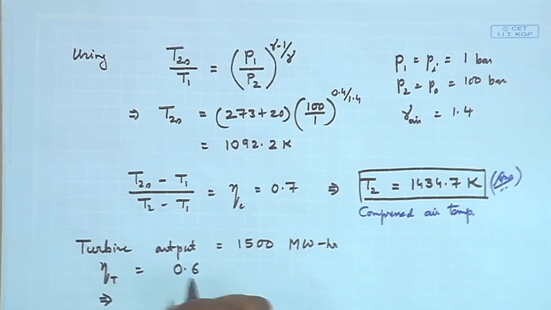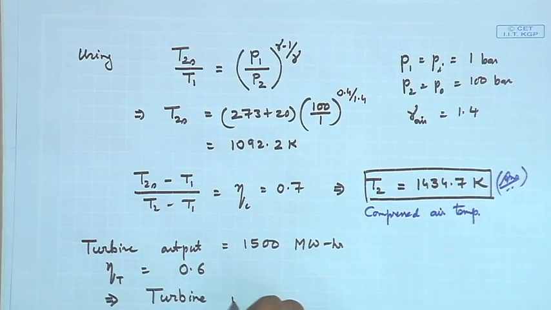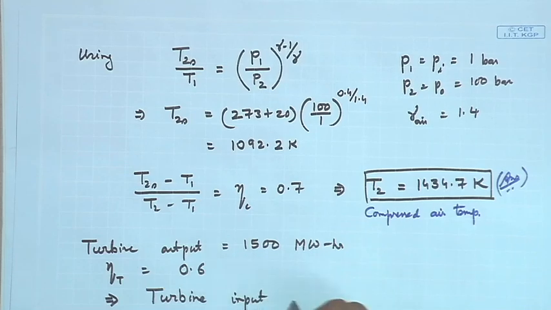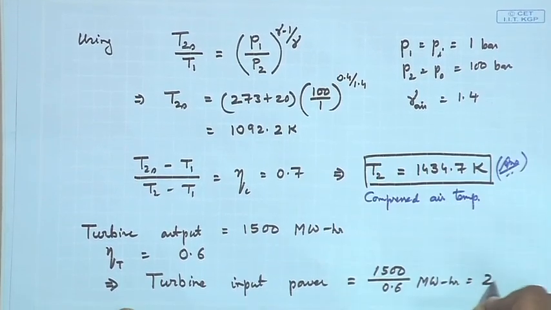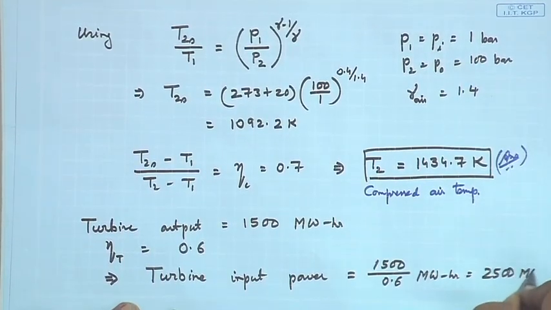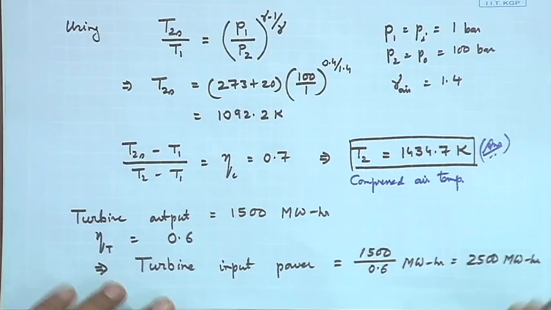So, therefore, turbine input power is going to be 1500 divided by 0.6 megawatt hour or 2500 megawatt hour.